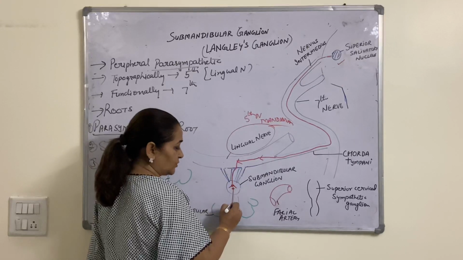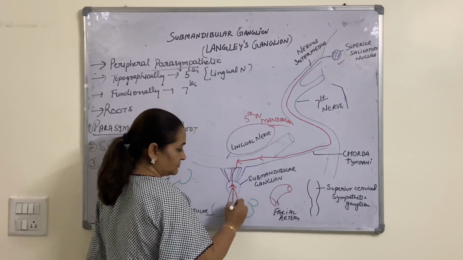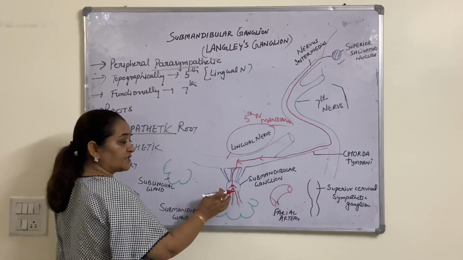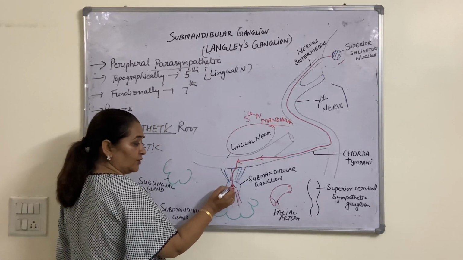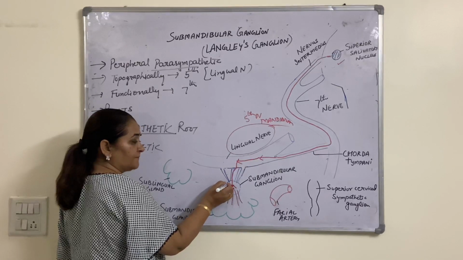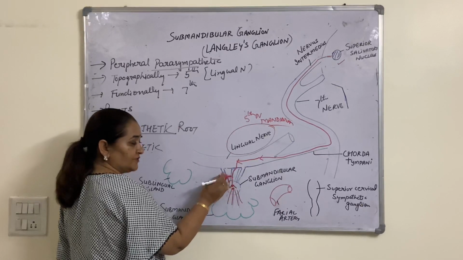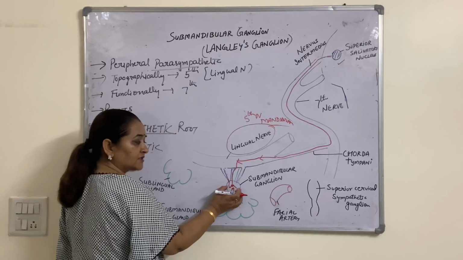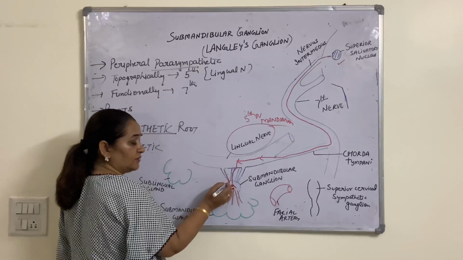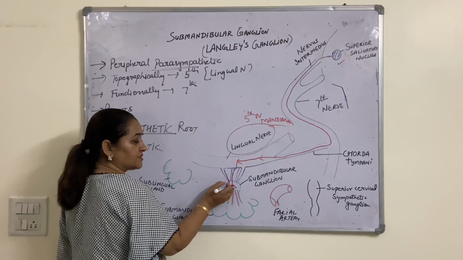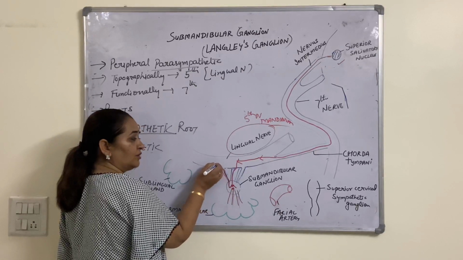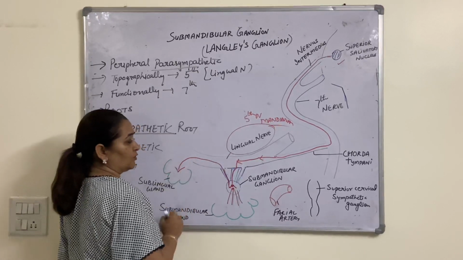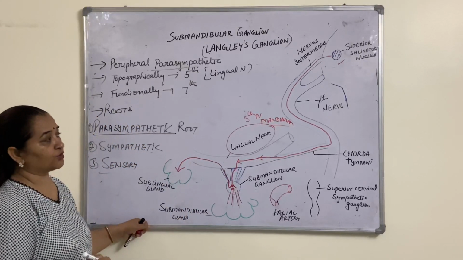Some of the fibers relayed in the submandibular ganglion re-enter through the connecting branches, the two or three twigs which are hanging the submandibular ganglion with the lingual nerve. Through one or two of these branches, the fibers re-enter the lingual nerve, and from this they go and supply the sublingual gland. So this is the secretomotor pathway.